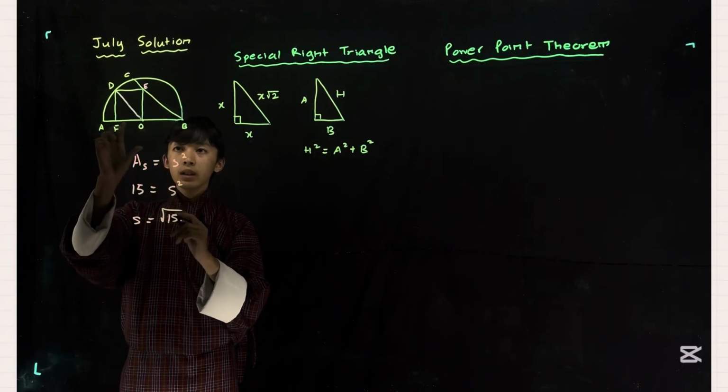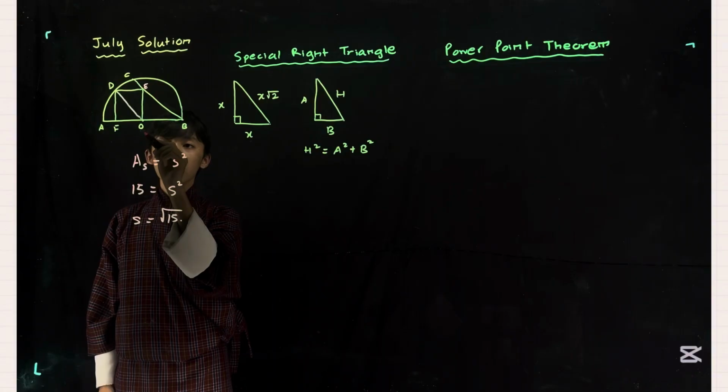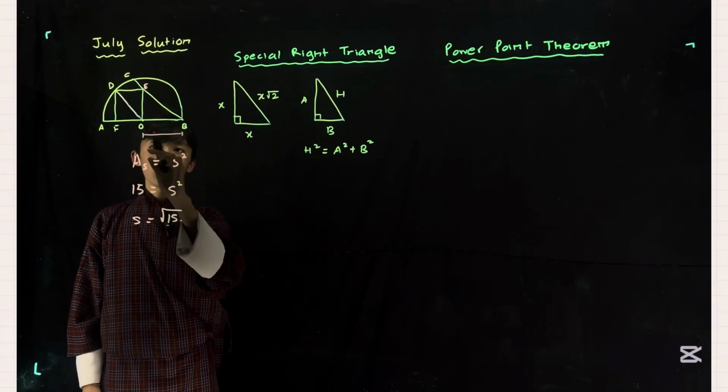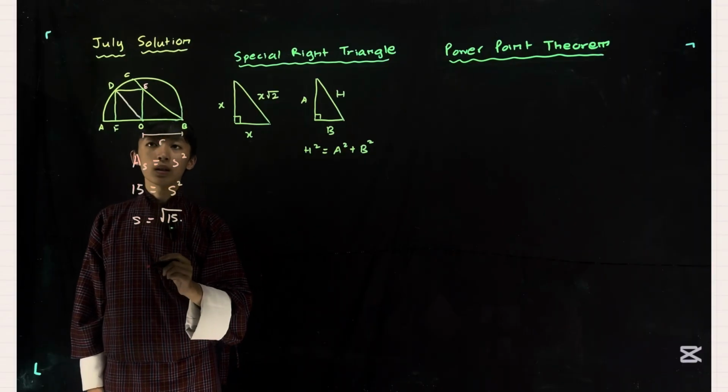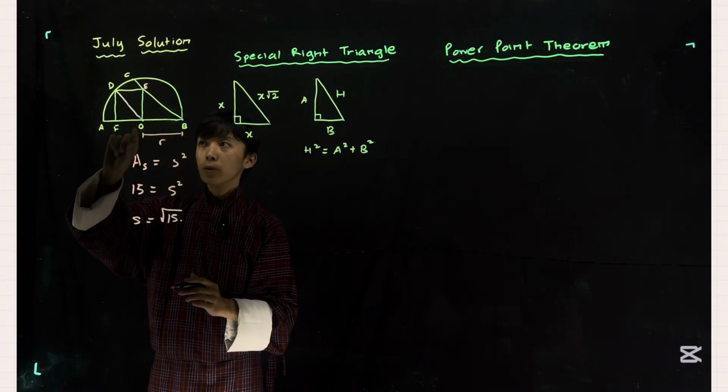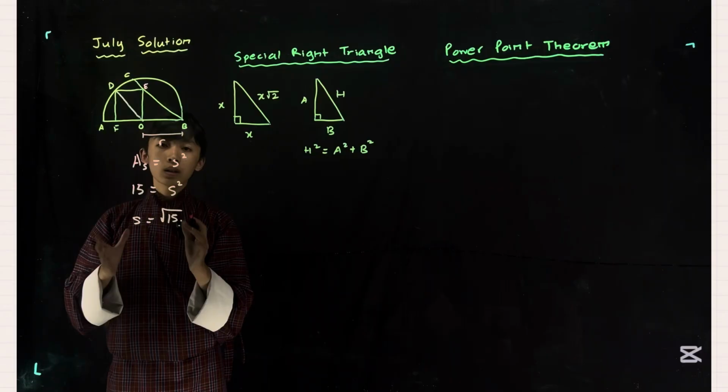Now we can see that this is a semicircle, so in a circle, from the center to any edge of the circle, we know that is the radius of the circle. And we can also see that O to D is also the radius of the circle.